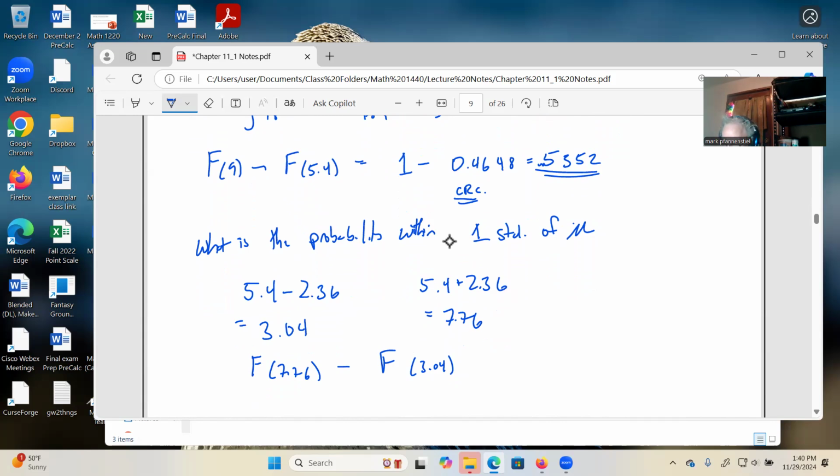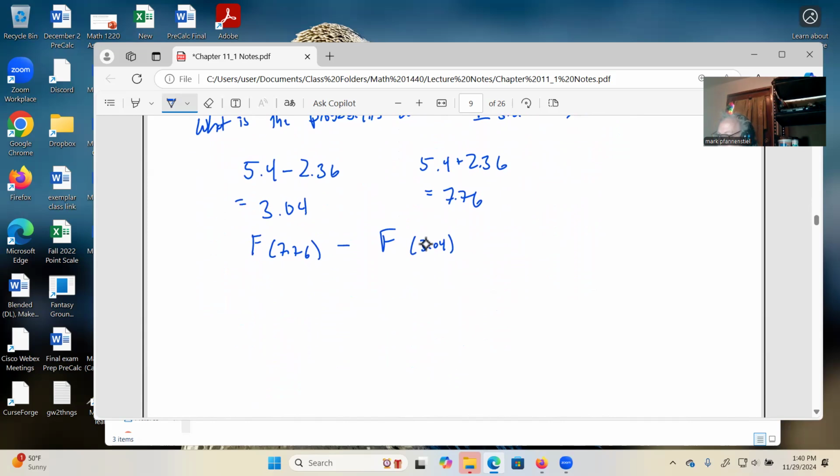When I calculated all of this out, we ended up with 1/27 times 7.76 raised to the 3/2 power minus 3.04 raised to the 3/2 power, because remember, it was 1/2 and we added it.